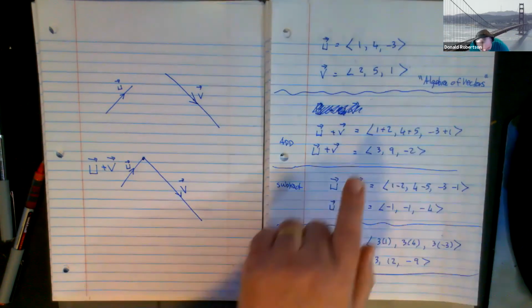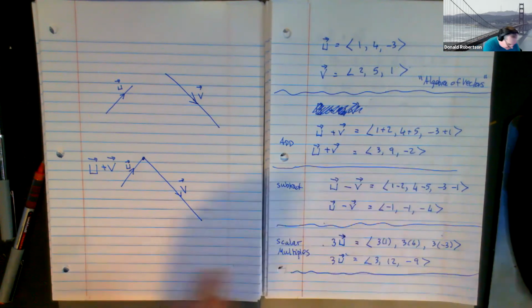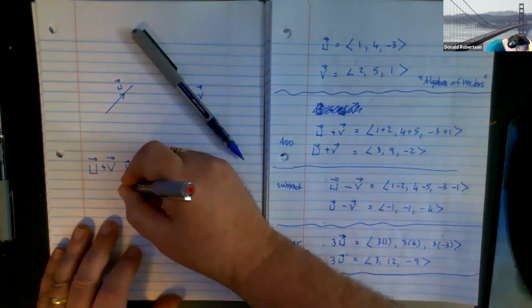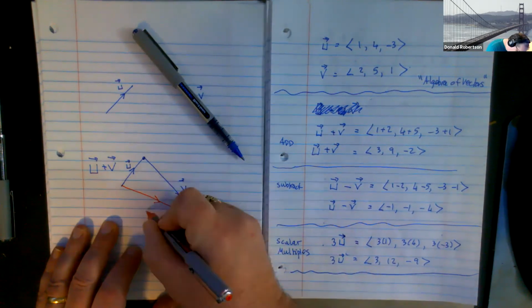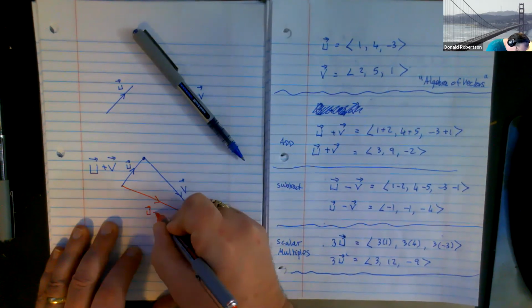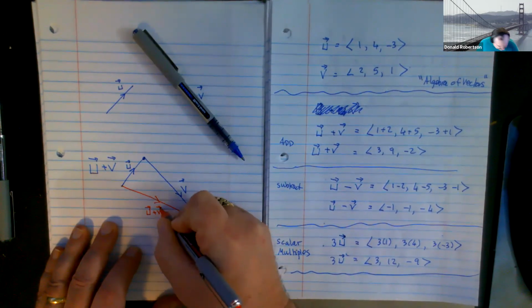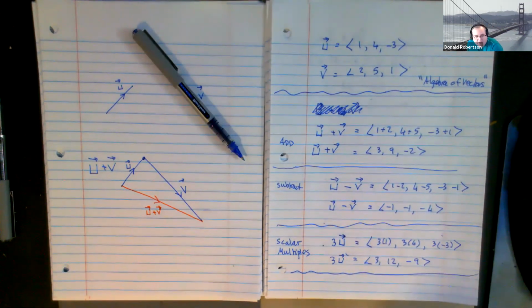And the vector u plus v would be the red vector. Geometrically, does that make sense, what you're doing when you're adding two vectors?